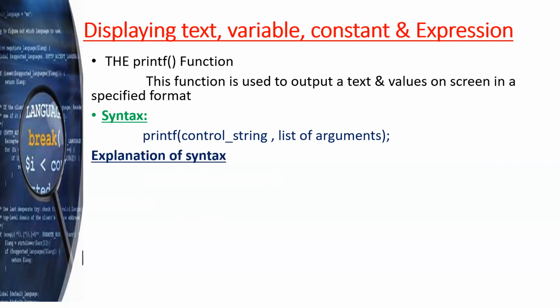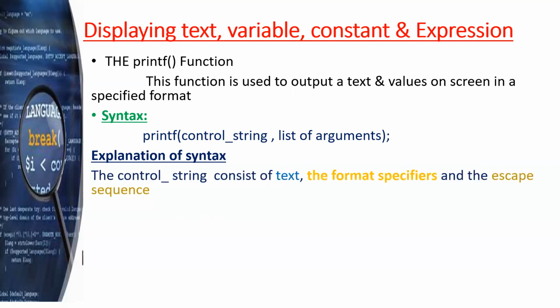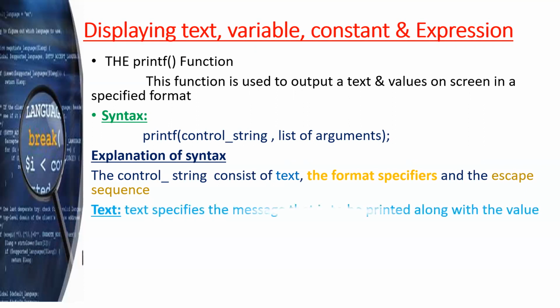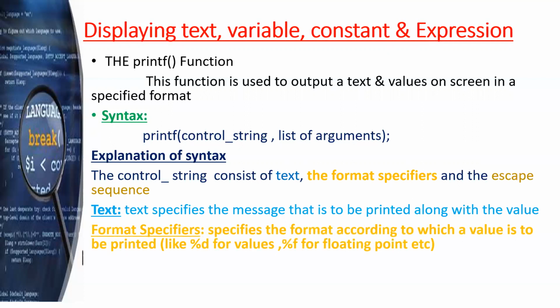Explanation of this syntax: the control_string consists of text, format specifiers, and escape sequences. So first, what is the text? Text specifies the message that is to be printed along with the values. Second is format specifiers.